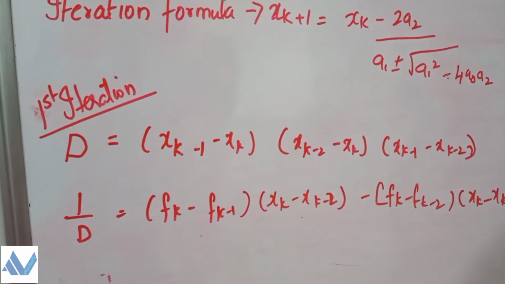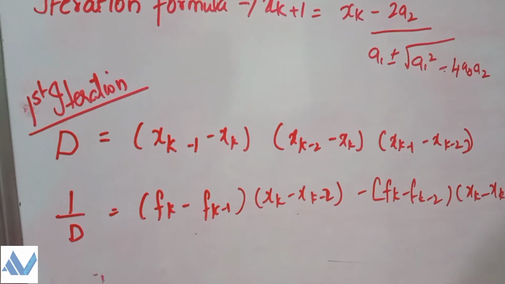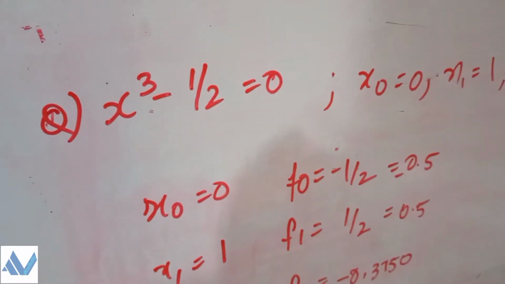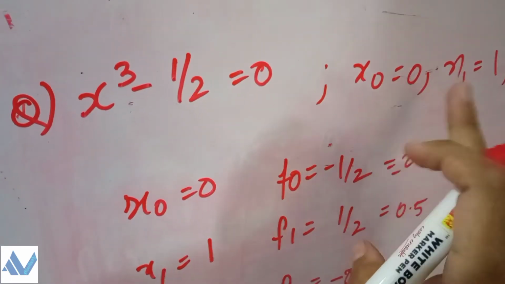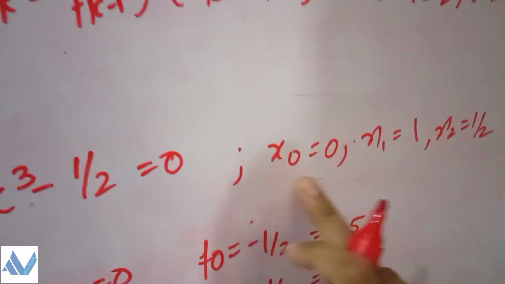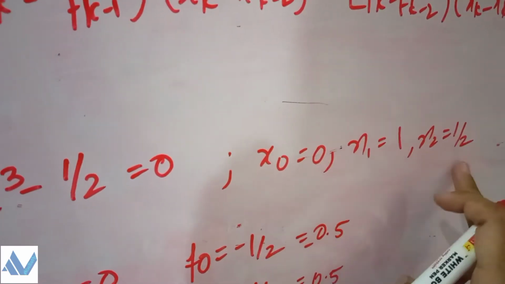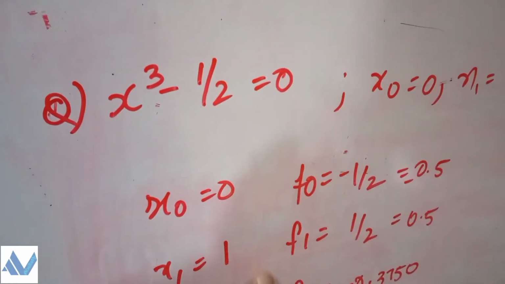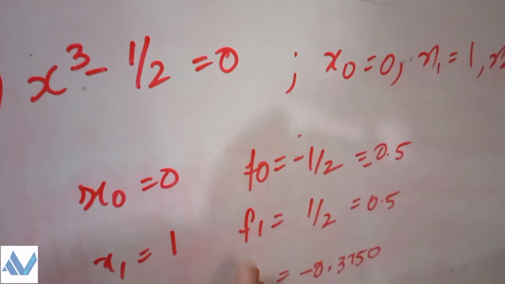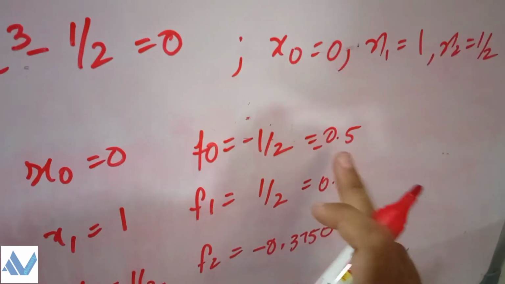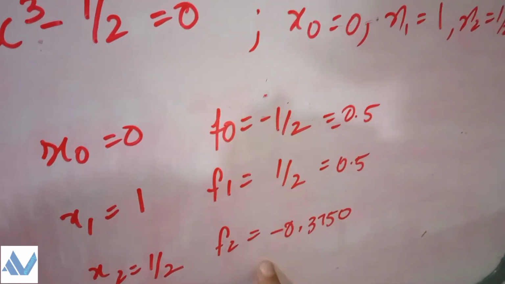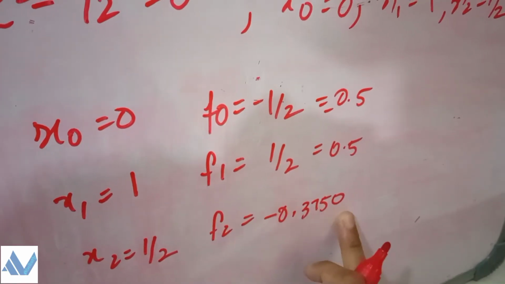Now how we will use this in the problem, I will show you. In Muller's method, the question gives you the initial values, and we substitute them. If x0 is equal to 0, x1 is equal to half, and x2 is equal to 1, we substitute all these values and find the f values. So we have got f0 is minus 0.5, f1 is 0.5 and the f2 value is minus 0.3750.